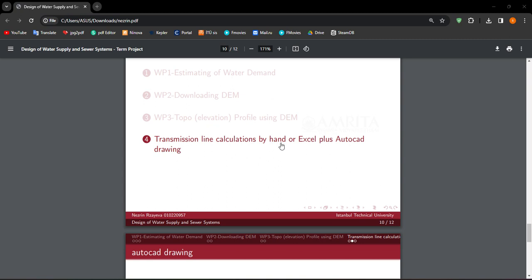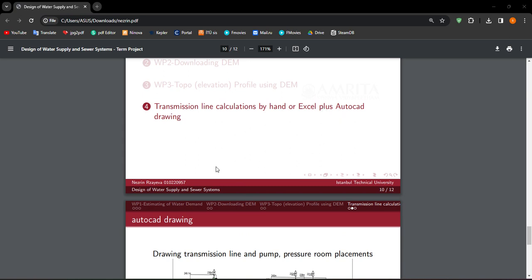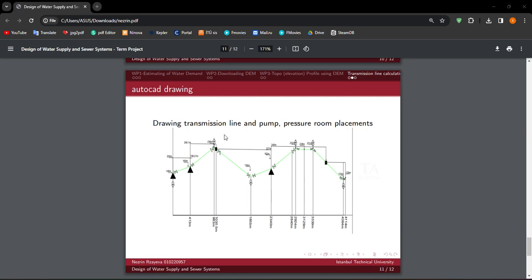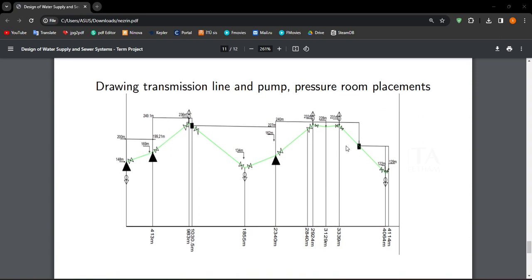It's optional to do it by hand or in Excel, but I did it by hand, and also the sketch in the AutoCAD drawing. Here, this is my AutoCAD drawing. I sketched the transmission line, pump, and pressure rooms here. I have two pressure rooms here, and there are some valves.